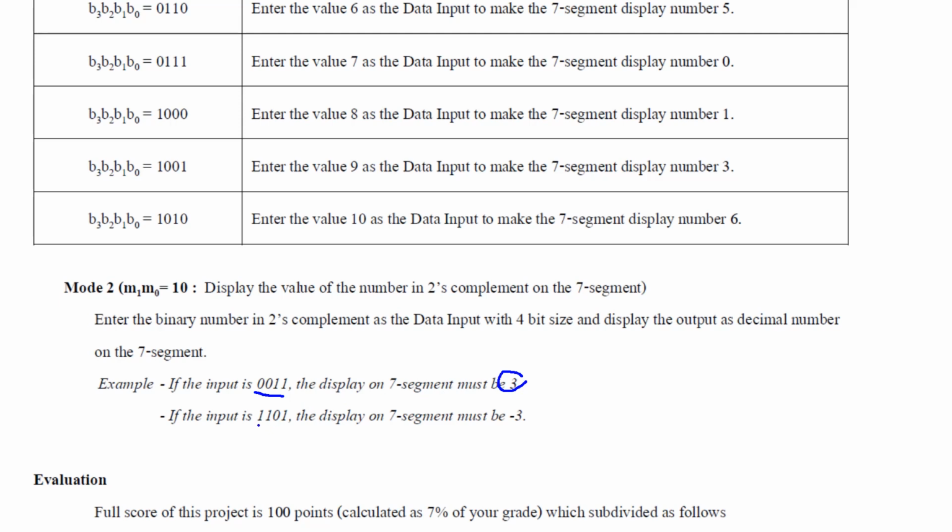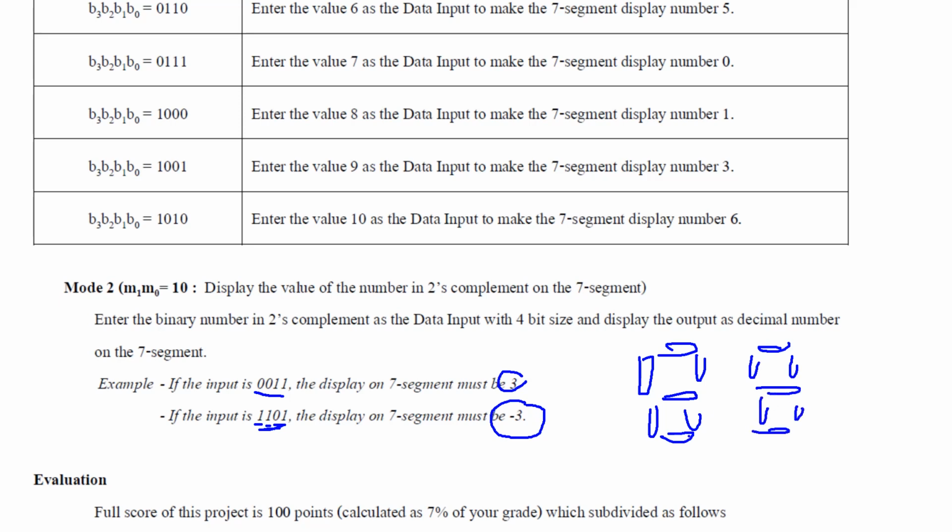If you apply 1101 in 2's complement, the value is -3, so your segment must show -3. The output has 2 digits of 7 segment, so for -3, show the minus here and 3 here.